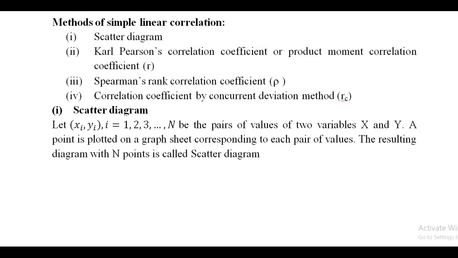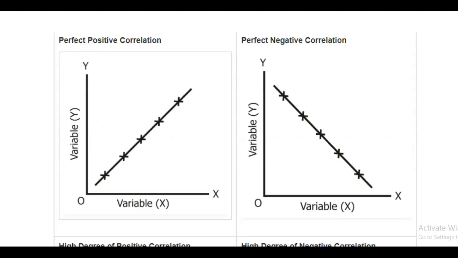Depending upon the lines, the points are merged. Here see the first one, it is perfect positive correlation. Perfect positive correlation means the points plotted go from left to right, and all the points are on the straight line. Then it is called perfect positive correlation. Next one is perfect negative correlation.